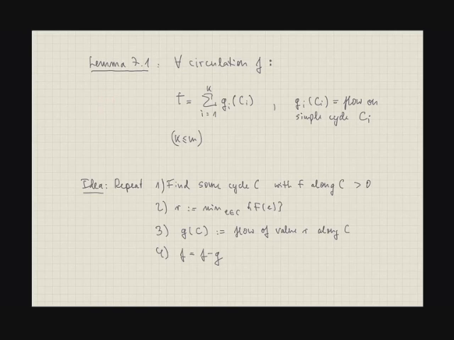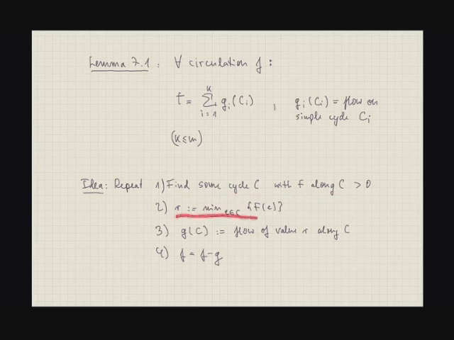Because it's a circulation, the flow must get there somehow, and I just continue backwards along the flow values. And because the graph is finite, I must find a cycle at some point. So this is the first cycle that I find.